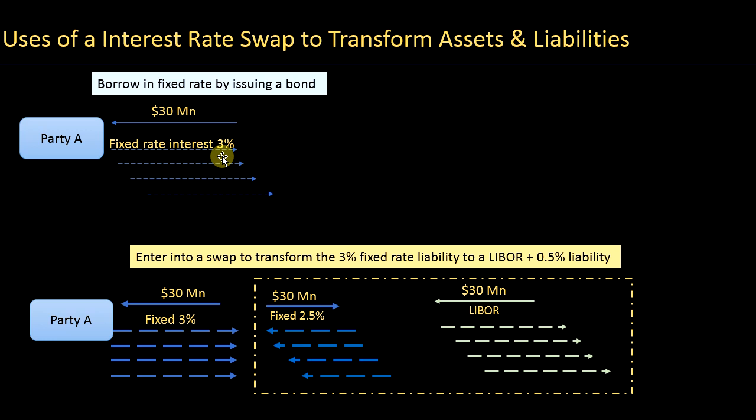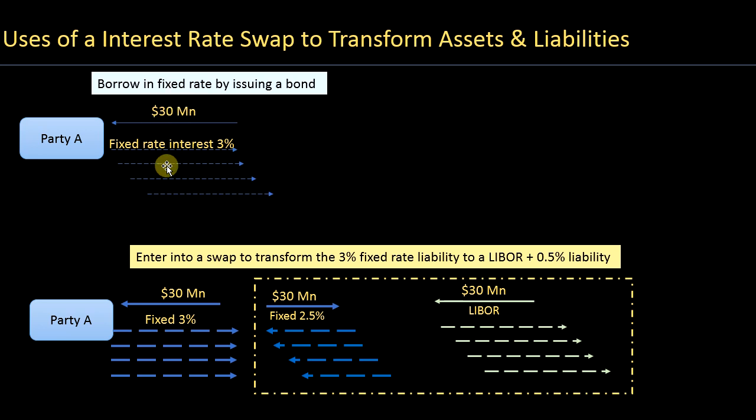In other words, firm A has a liability, which is fixed rate interest of 3% on 30 million. Let's assume that this bond is a 10-year bond. So firm A has to keep paying 3% for the next 10 years, and at the end of 10 years repay the principal as well.